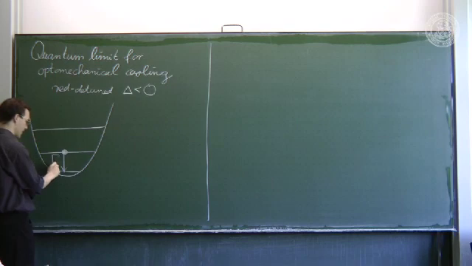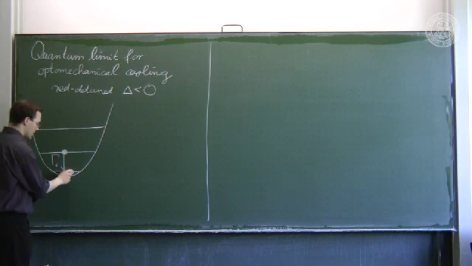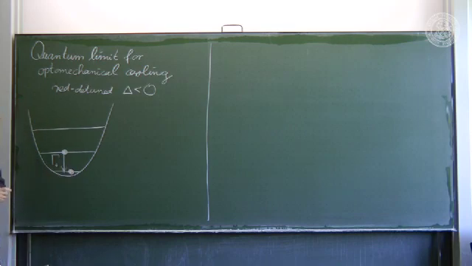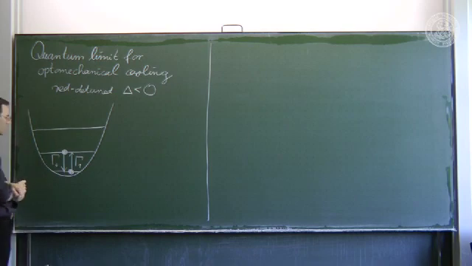I call this rate gamma down. But if it is already in the ground state, then it might, very rarely maybe, obtain some energy from the optical cavity and go up.